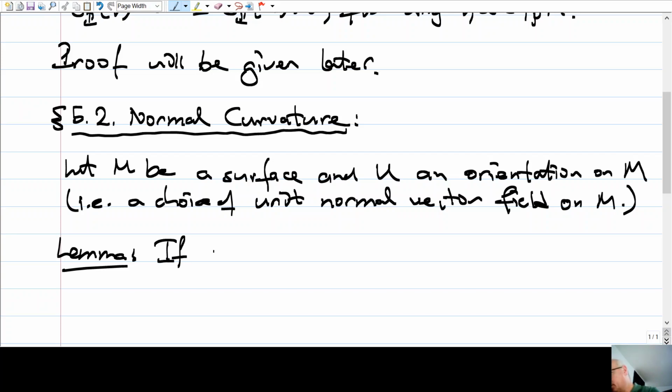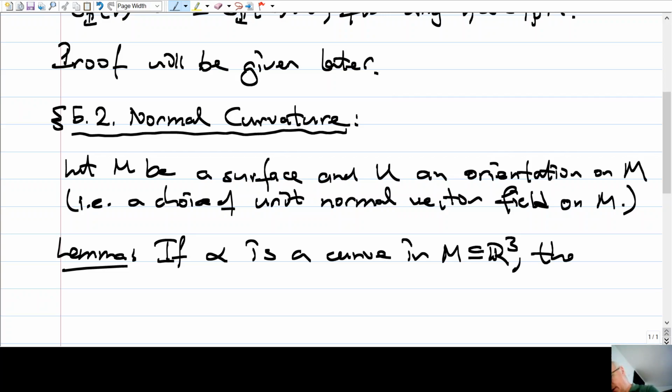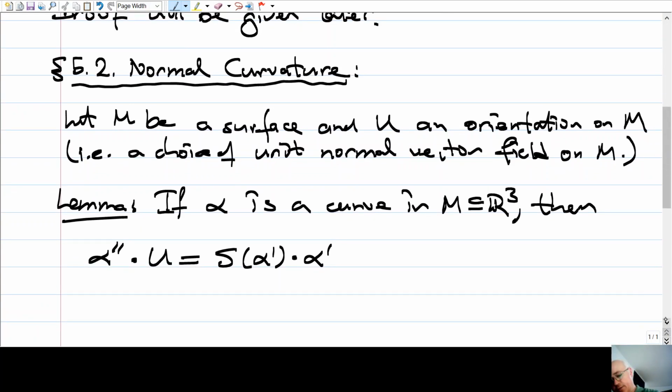If alpha is a curve in M and M is a surface in R3, then the conclusion is the acceleration vector dot product with the normal vector is the same as the shape operator evaluated on alpha prime, the velocity vector, dot product with the velocity vector.